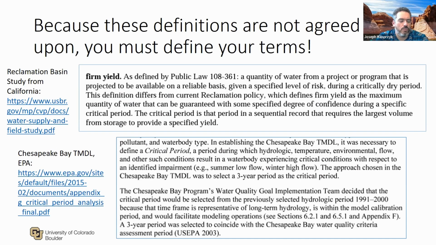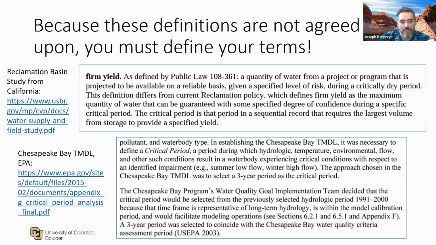So just a randomly selected set of documents out there. There was a basin study done by Reclamation in California, and it says that this concept of firm yield, which is also related to the critical period, is a quantity of water that is projected to be available on a reliable basis given a specified level of risk during a critically dry period.